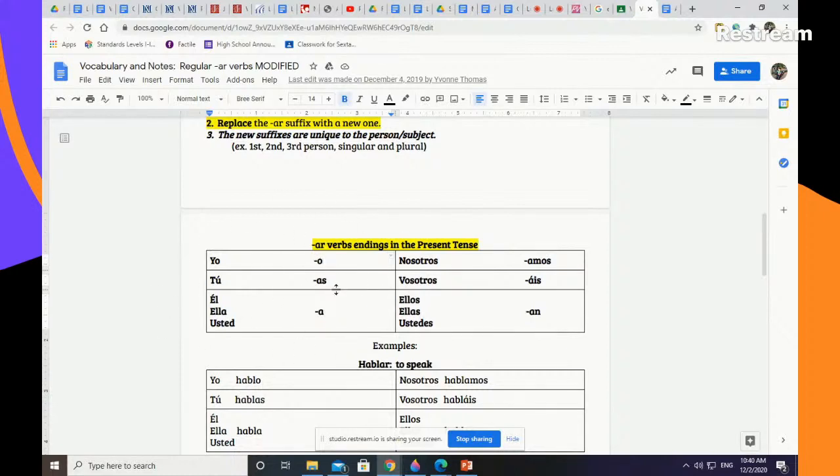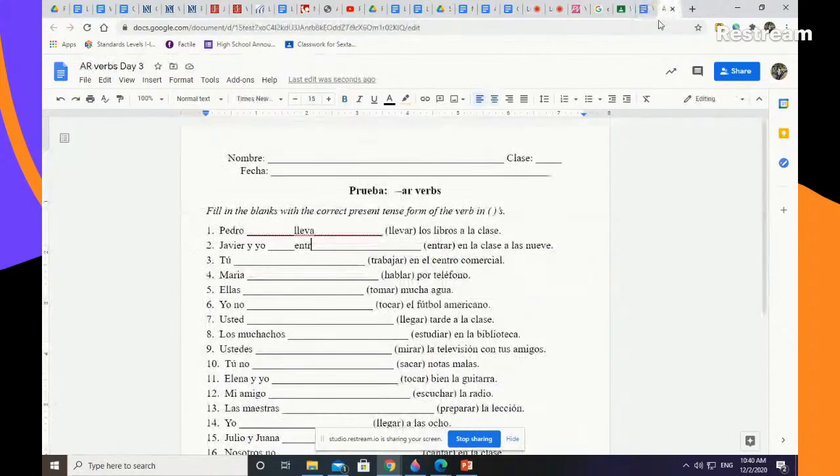It's not for plurals. So, y yo means I'm with the group. It means I'm talking about we. I'm talking about us. So my ending is amos. Entramos. Because it's Javier y yo. We are together. We are a group. We are in it together.